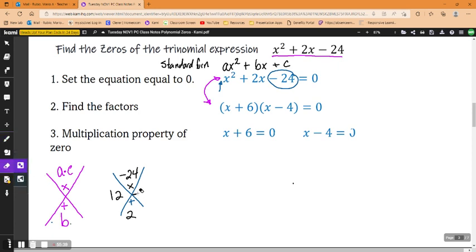It's not going to be that one. So let's try another set. Let's try that 6 and 4. 6 times 4 is 24. If I do 6 times negative 4, that gives me negative 24. But 6 plus negative 4 gives me a positive 2. So look, 6 times negative 4 equals negative 24.